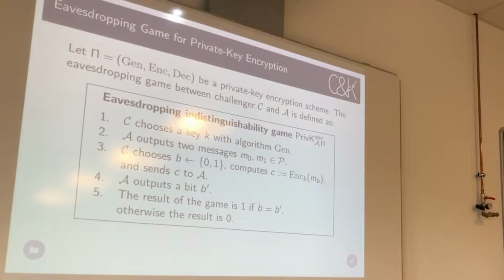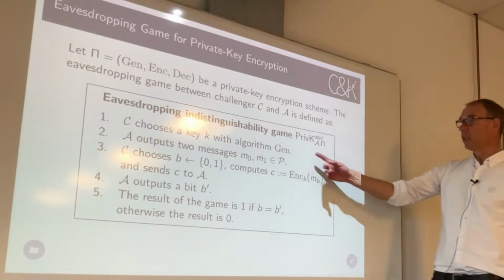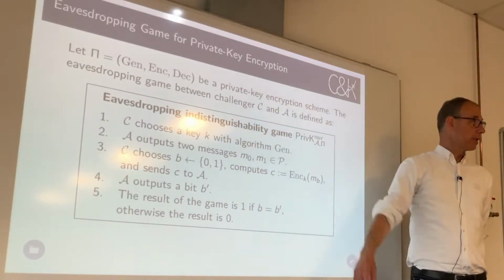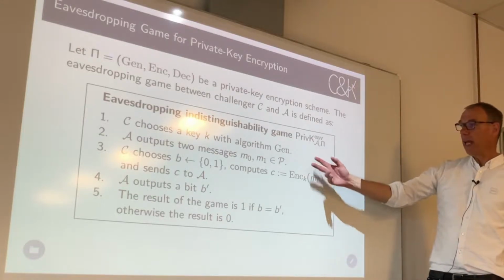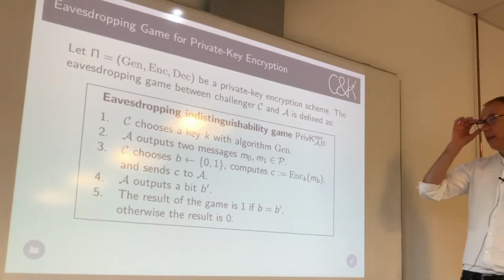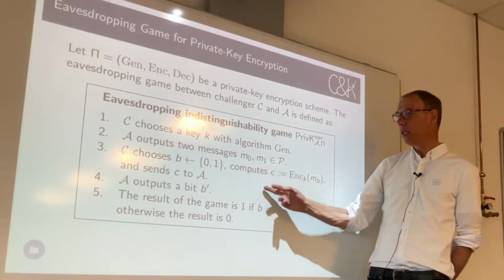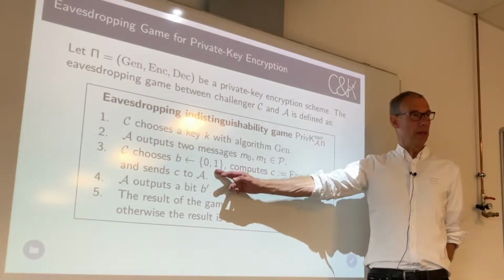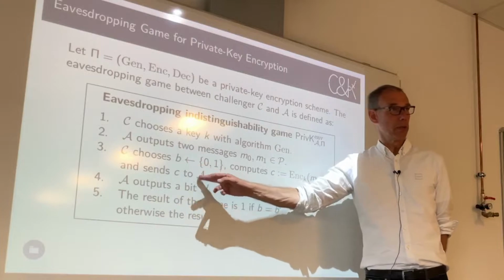The challenger chooses first a key K with the key generation algorithm from the encryption scheme. Then A outputs two messages, M0 and M1, of his choice. He can pick any two messages that he wants. And then the challenger chooses a bit b uniformly at random. This is the notation for picking a bit uniformly at random.